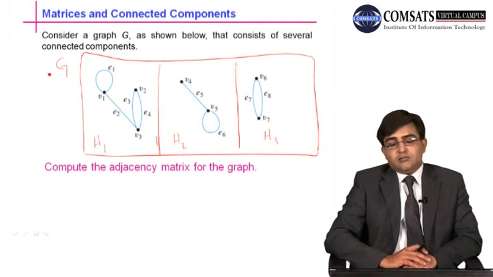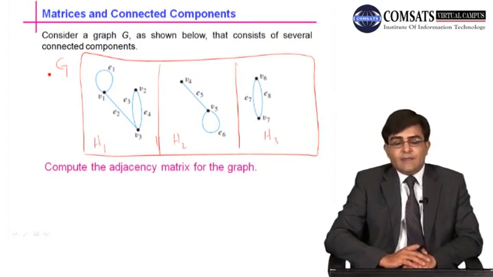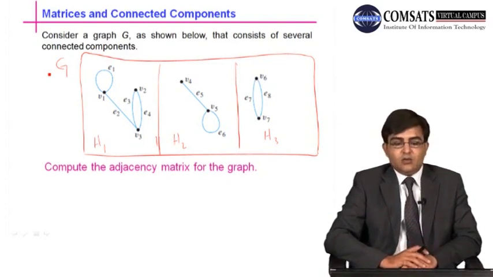So first of all, we have to calculate how many vertices are there in this graph. There are V1, V2, V3, V4, V5, V6, V7.